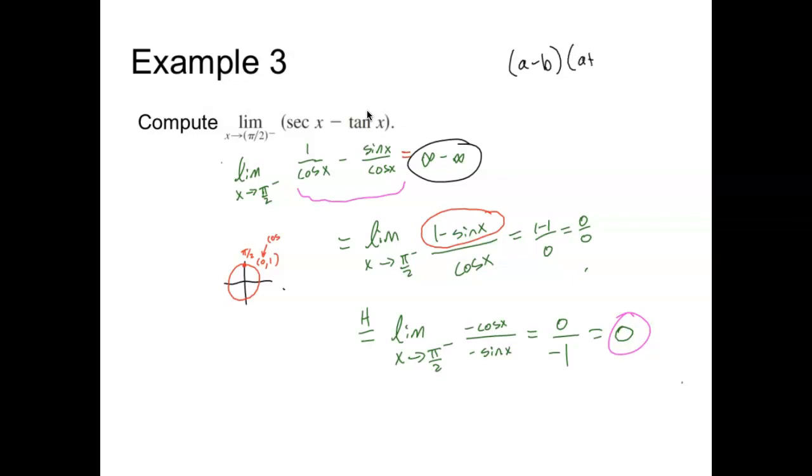I can always multiply by a plus b over a plus b. Then your numerator is going to simplify to a squared minus b squared over a plus b. And that'll generally get you to the place where you have an indeterminate form of infinity over infinity or 0 over 0. And you can then apply L'Hopital's rule.